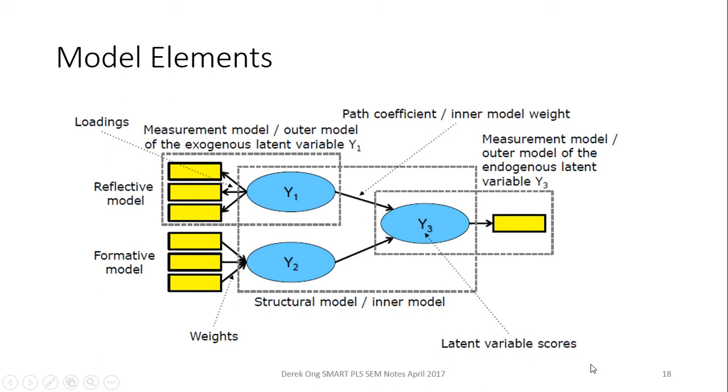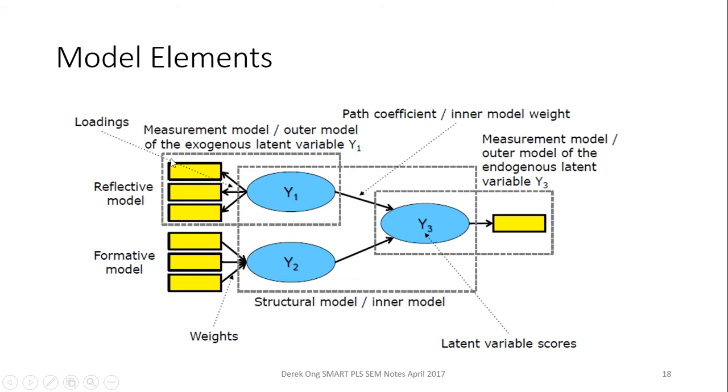Yeah. So just a brief overview on what I mean by structural model and measurement model. So this is what I mean by the measurement model. If you notice my cursor here, this blue color ellipse is what we call a latent variable. Now, you know in social science that a lot of latent variables are very difficult for us to measure.